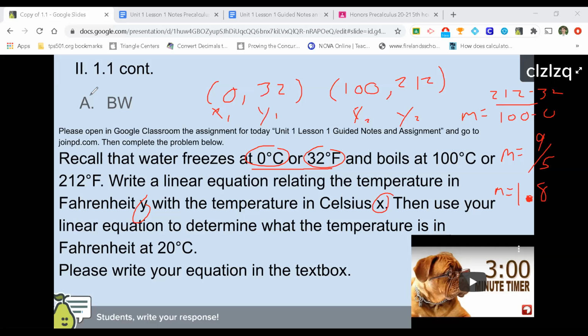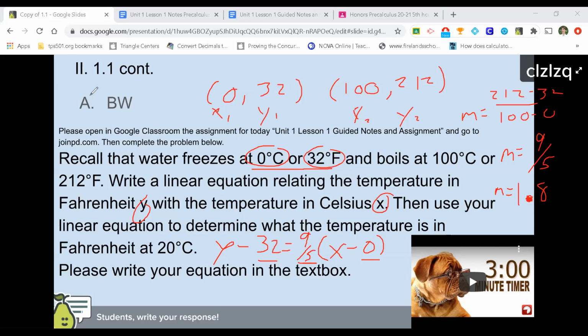All right, and then when you're substituting back in, it's y minus 32 equals 9/5 or 1.8, x minus 0, right? Remember, this is your slope, and this is your x1, y1. Some people switch those, and they put y minus 0 equals 9/5, x minus 32. Be careful of that. Look back at your point and make sure x goes with the x, y goes with the y.